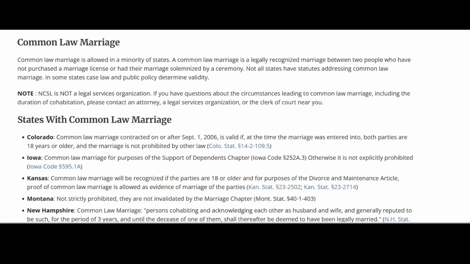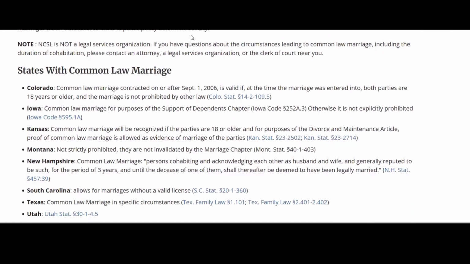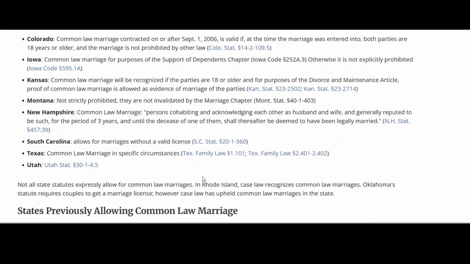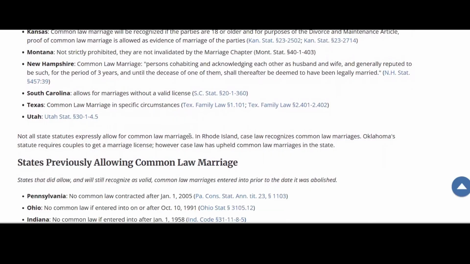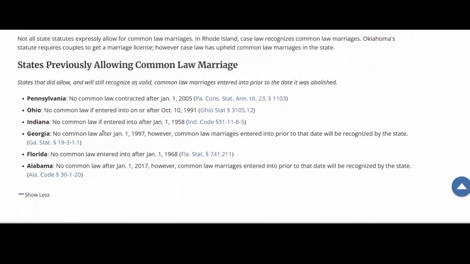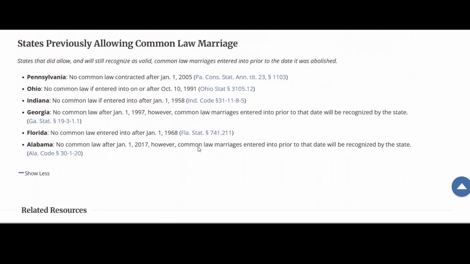When you pull that link up, this is where it will bring you, and you can see the states where the law applies. There might be different time frames when some states didn't recognize common law marriage, but now they do. So you can go through that list and look at the statutes about what that looks like for you and your spouse.